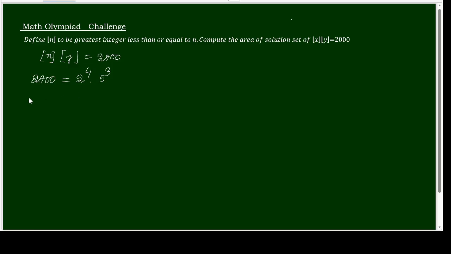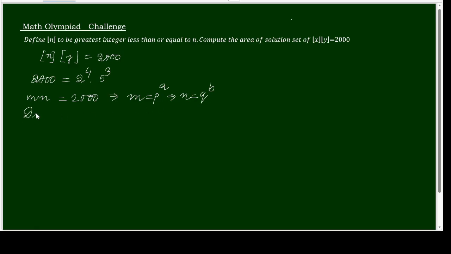That means if we imagine that n into n equals 2000, here we are getting n equals p to the power a, and n equals q to the power b.